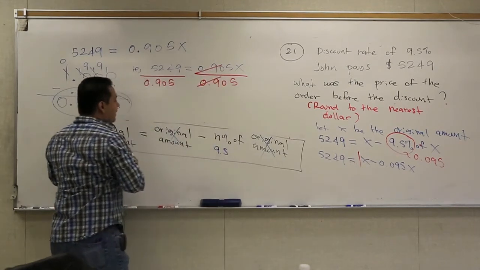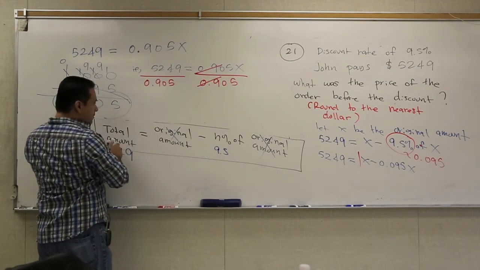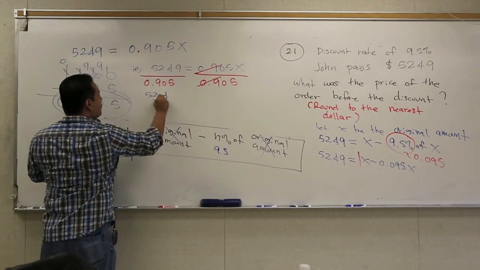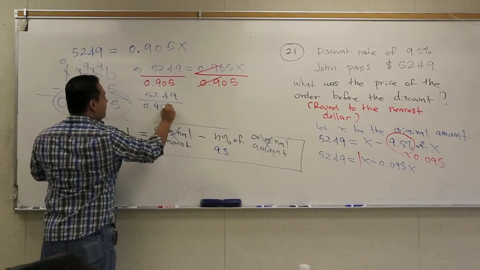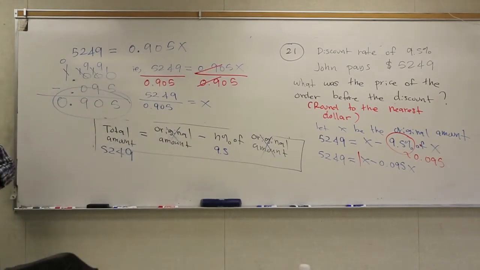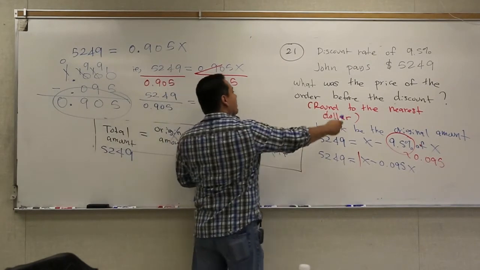Cancel. And ladies and gentlemen, this work is going to be 5,249 divided by that 0.905. That's going to be the value of x, which is what they're asking for, the original amount. It was the amount before the discount.